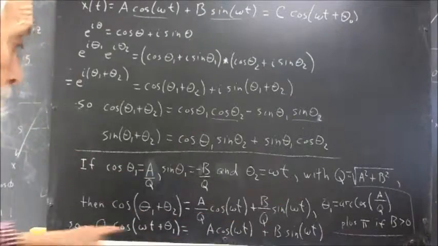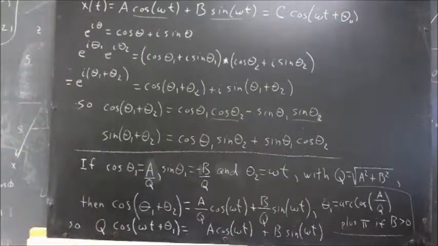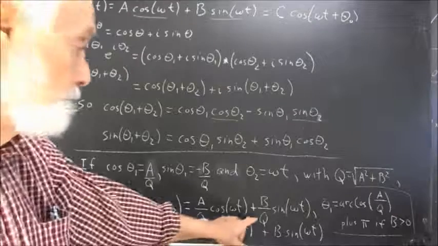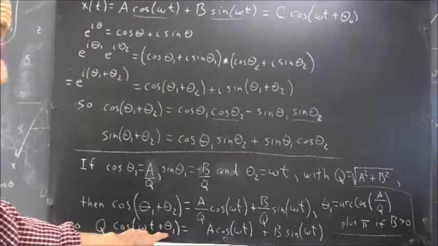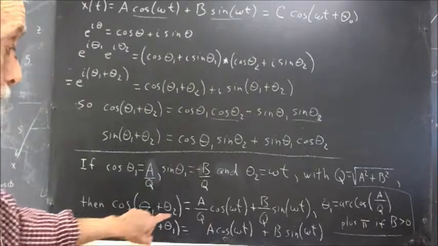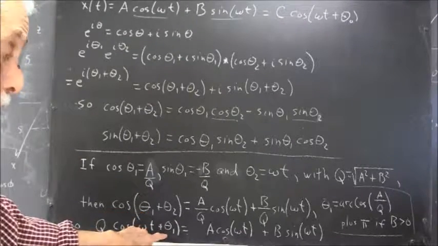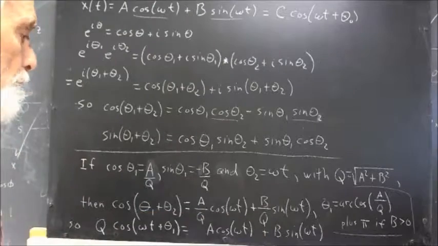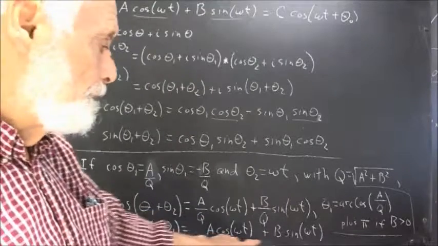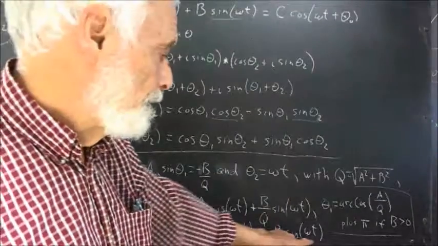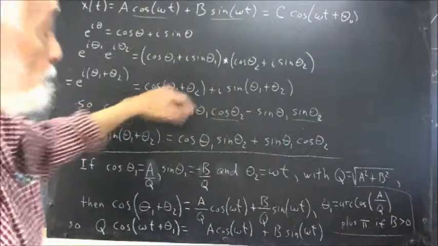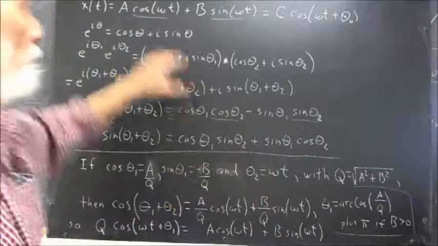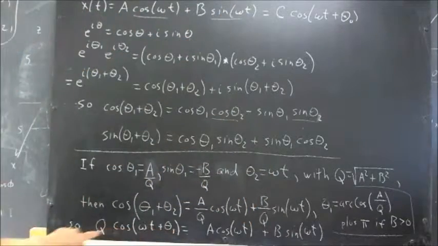This becomes this. How? Well, I just multiply both sides by q, and I get q times the cosine of omega t plus theta 1, omega t being theta 2, and theta 1 being what it is. And that equals a times the cosine of omega t plus b times the sine of omega t. And that's what we started with up here. So using this identity, we've converted this to this form.